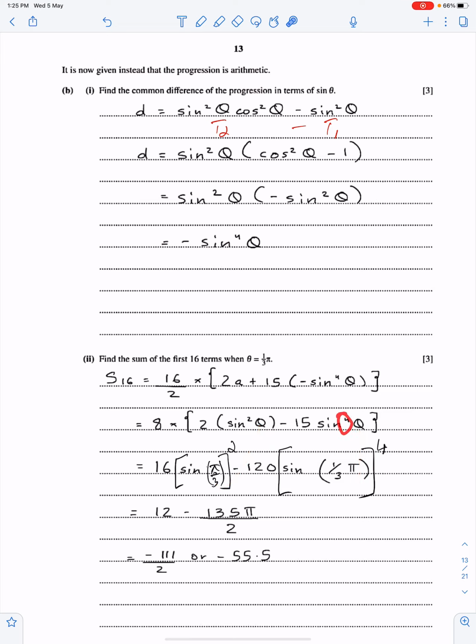You can write this power as whole power, because if you have sine 4 theta, then you can write this as sine theta whole power 4. Therefore, the answer of sine pi by 3 is under root 3 upon 2, and after squaring, you will get 3 upon 4. Finally, you will get 12. In the same way, you can get the value of this.